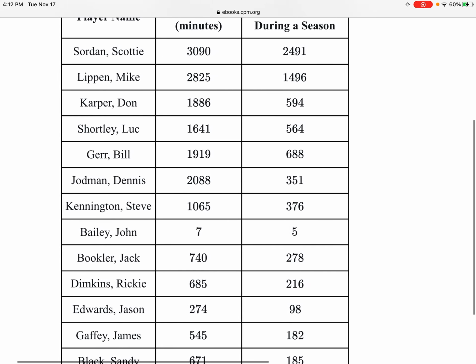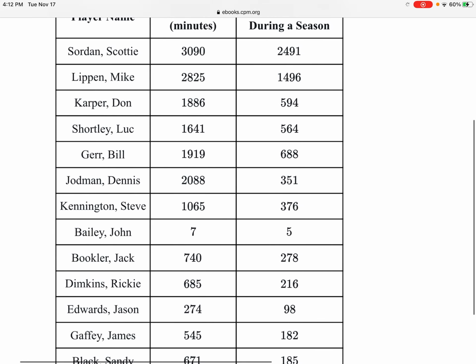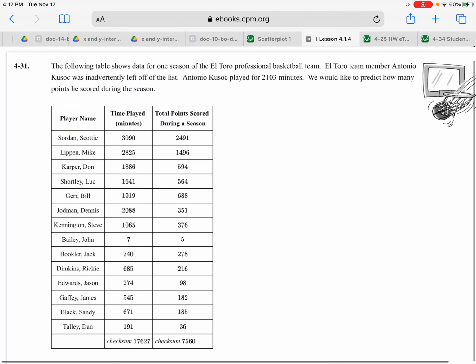Instead of Scottie Pippen, they got Mike Lippen. Instead of Don Harper, they got Don Carper. Luke Longley is actually Luke Shortley. All these guys, they just kind of converted the names. Kind of fun. I like it. I like basketball. Of course, I'm a Lakers fan. But anyways, the Bulls of the 90s were some of the greatest teams ever.